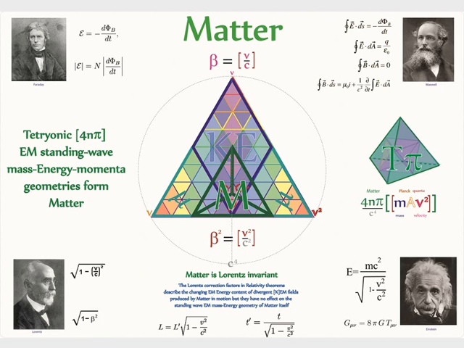In this lecture we'll continue on from the early parts of the Tetryonic Book 4, Cosmology, where we introduced definitions and geometric models of spatial coordinate systems, energy geometries, and clearly defined the difference between mass, energy, and matter as Tetryonic geometries.